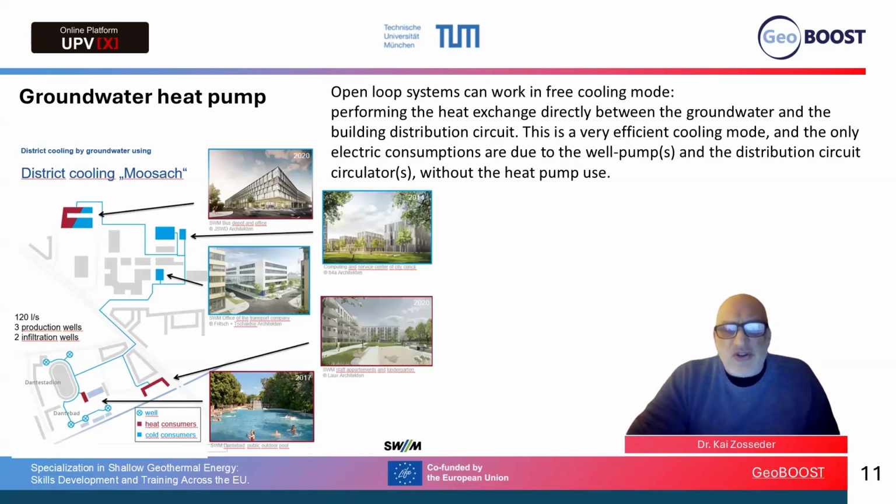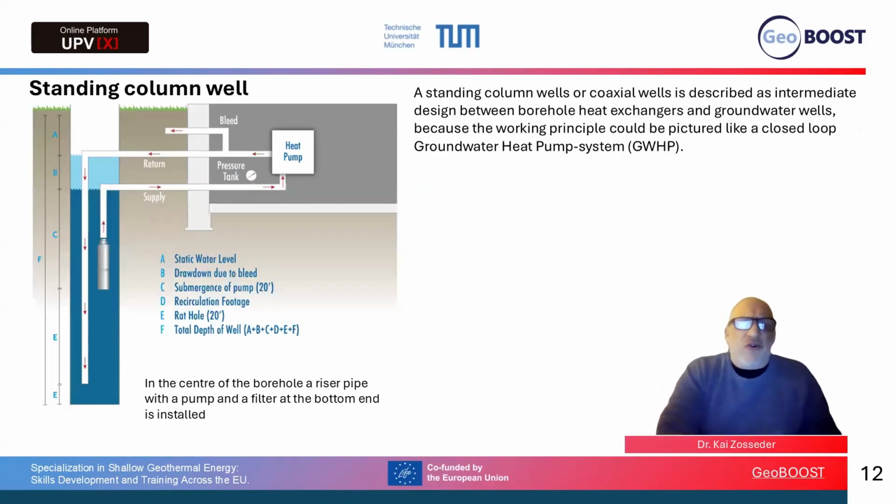But you can also use groundwater for a standing column well. This is just a one-well system, not a system with a production and injection well. You produce out of this well and inject into the same well. This limits the effort of drilling two wells, of course. But on the other side, you need specific conditions for this to work well because of the thermal interference.